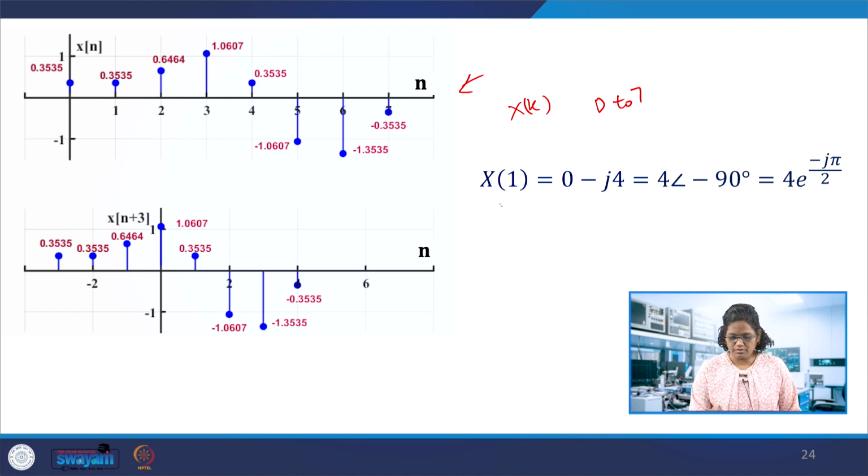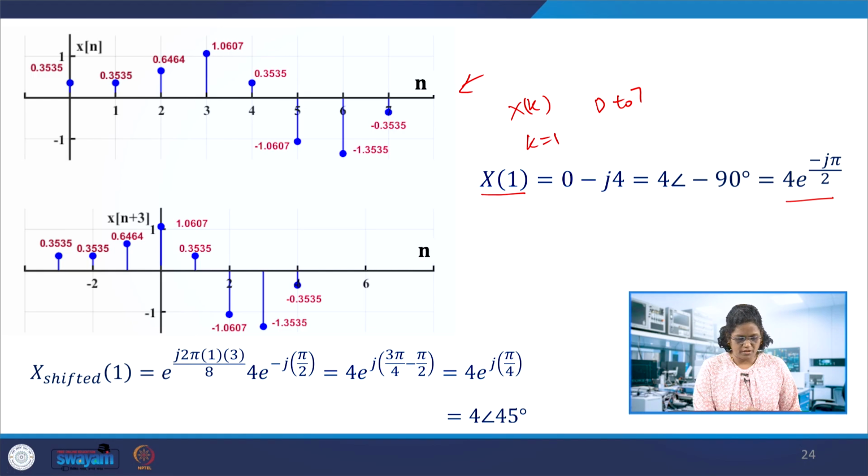So, what is the spectrum for this case? For example, if we take k equal to 1, what we got is 4 angle minus 90, or 4 e power minus j pi by 2. So, what will the shifted spectrum for k equal to 1 be? It will be e power j 2 pi k n by N, where n is the number of samples shifted.